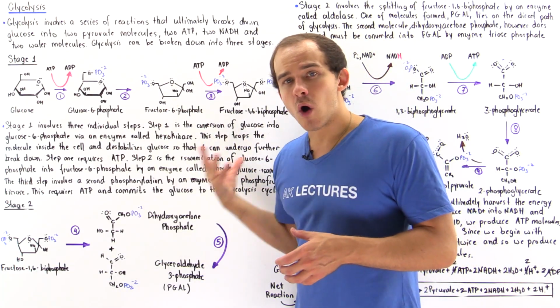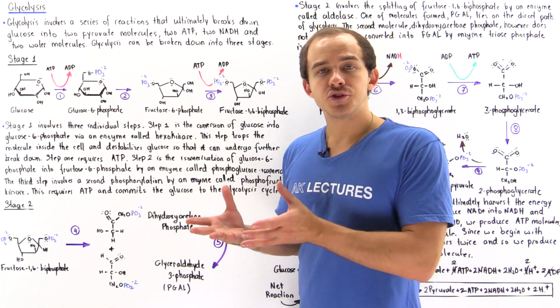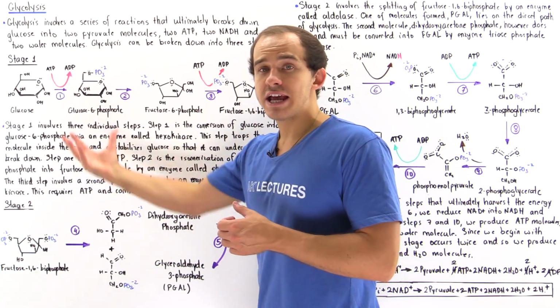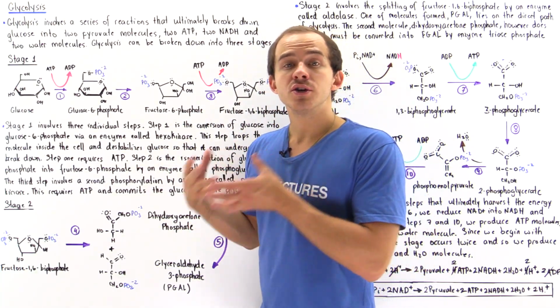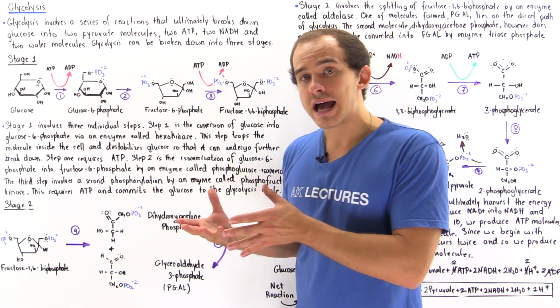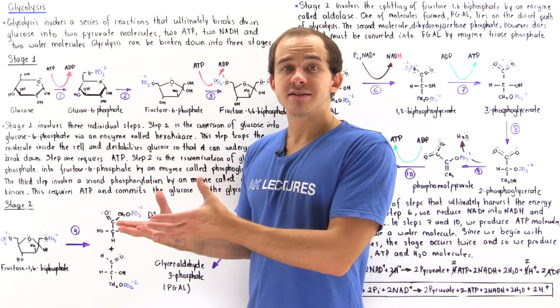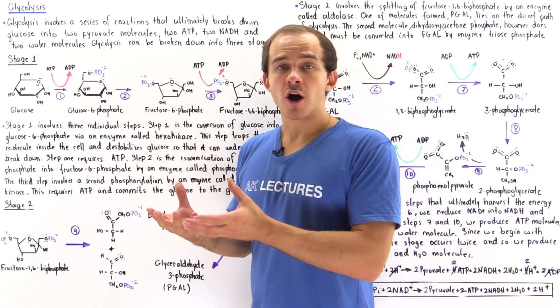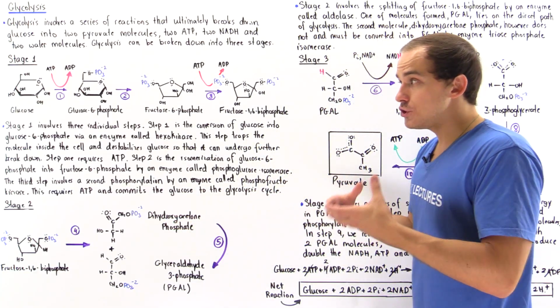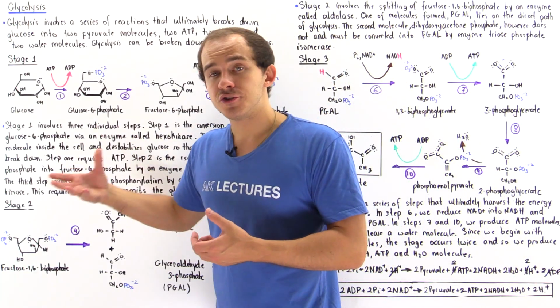Now, in stage 1, we actually use energy. So the entire purpose of stage 1 is to prepare the glucose molecule for breakdown. So in stage 1, we trap that glucose inside the cell and we transform our low energy glucose into a high energy glucose.